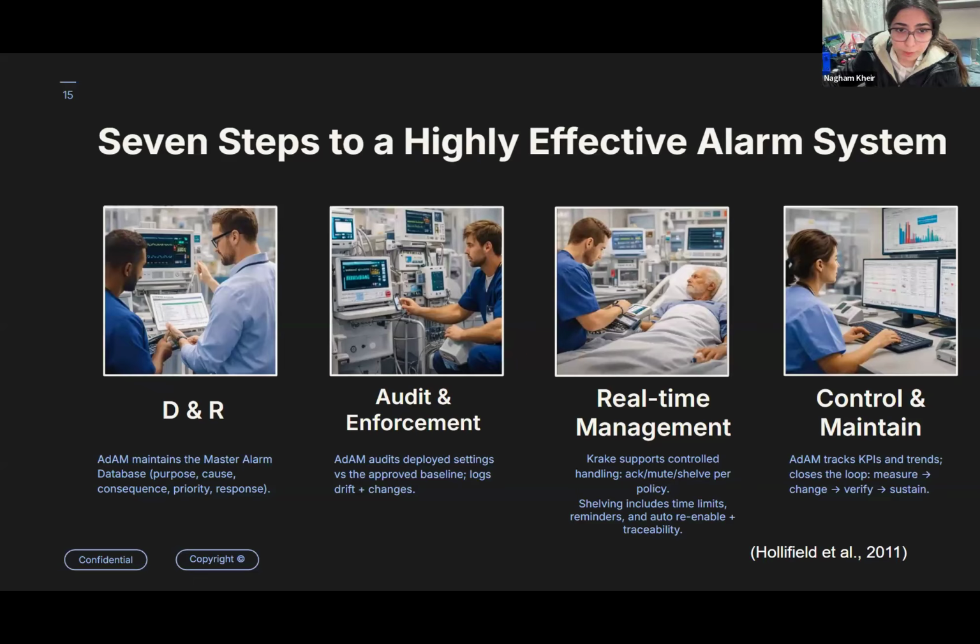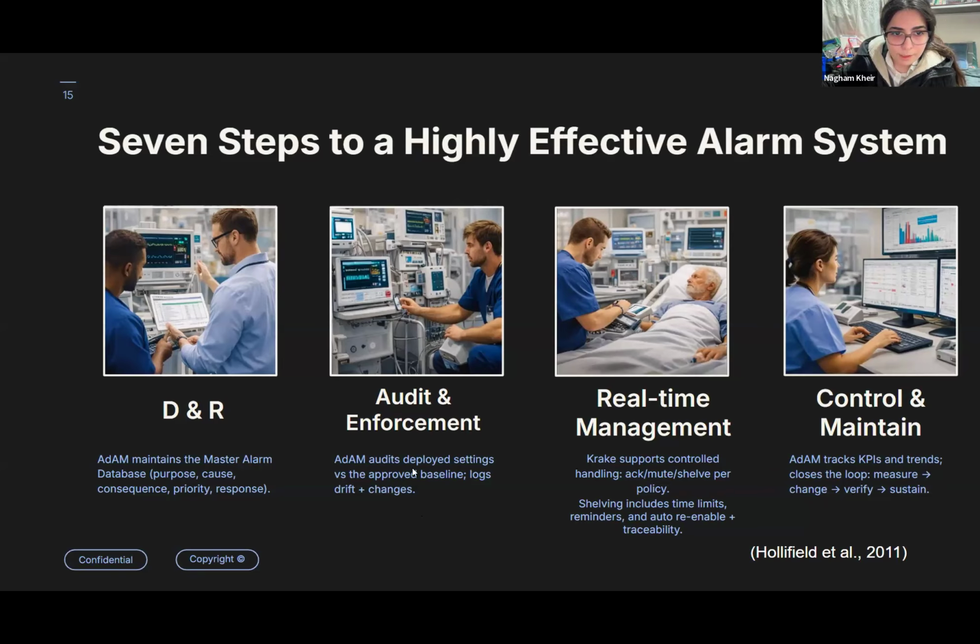For each alarm, we document its purpose, the likely cause, the consequence if ignored, the correct priority, the operator response, limits and set points, and any time delays. So ADaM provides the DNR workspace. Krake uses that rationalization at runtime by displaying the approved response guidance when the alarm occurs. So the operator sees prompts that match the rationalized record.